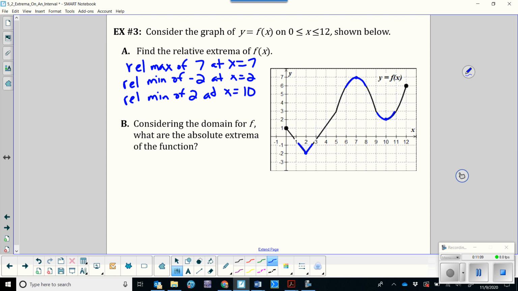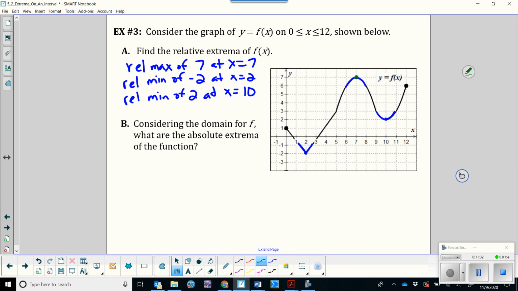Okay, so pretty simple to find the relative ones and so on from a graph. Now, absolute. So absolute maxes or mins can occur either at one of those relative max or mins, or it could be at an endpoint. Now, in this case, it's definitely not at an endpoint because it stops too early. So your absolute max is here.